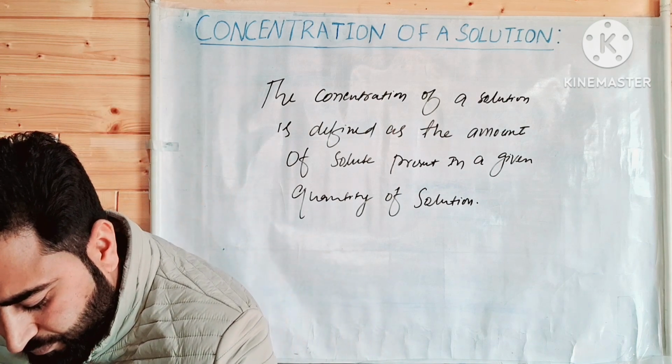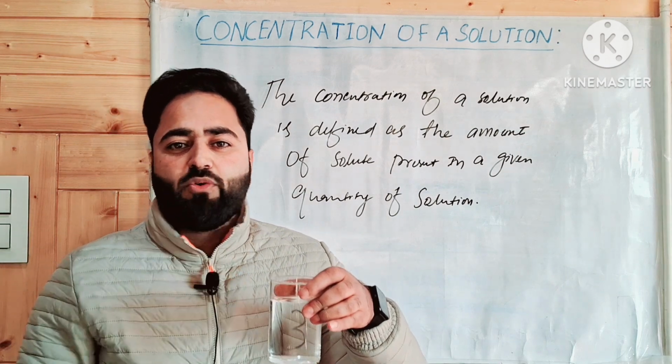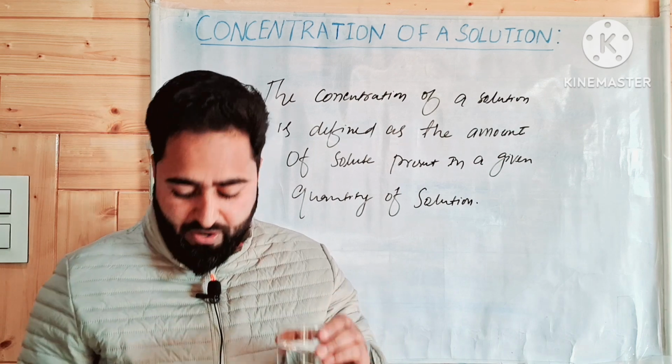Now I have a third beaker containing the same amount of water. This time I will add 4 spoons of glucose powder.